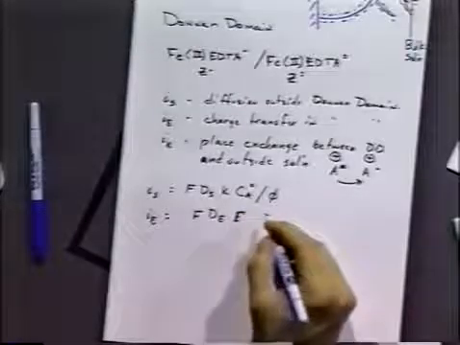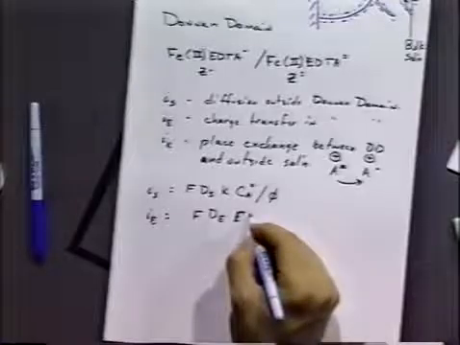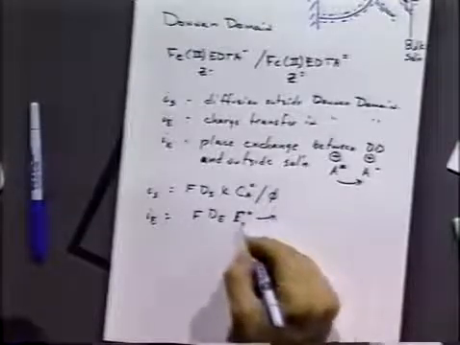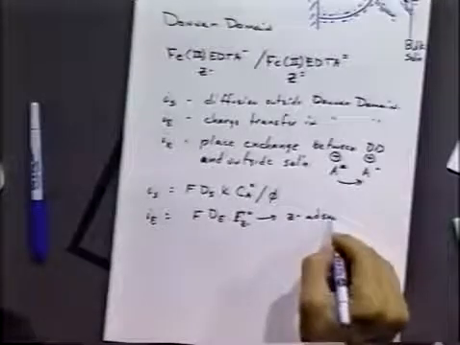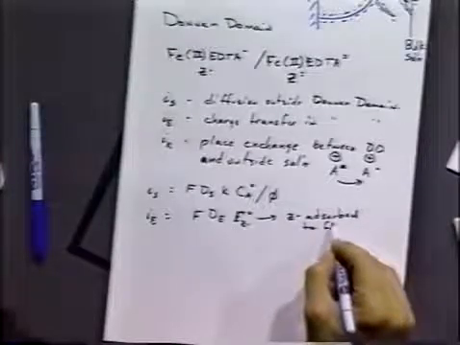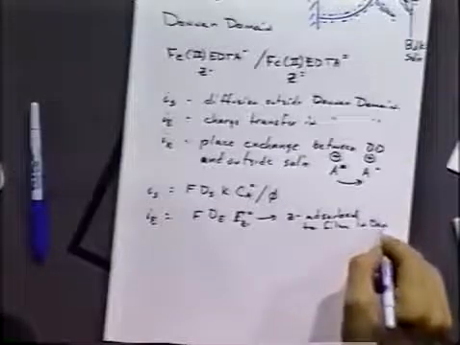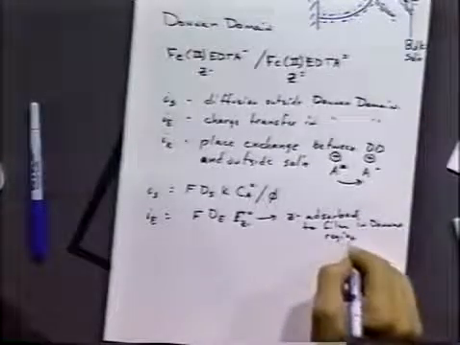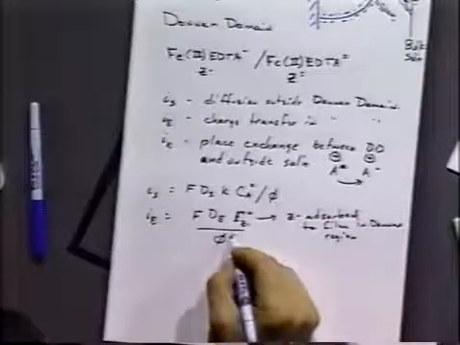The charge, or the amount of absorbed material of species Z minus, and divide through by the square of the thickness.